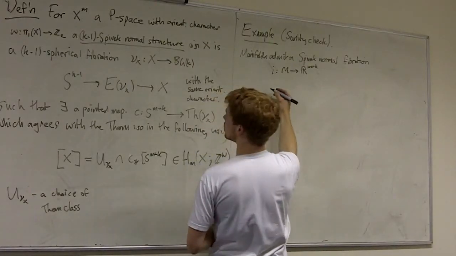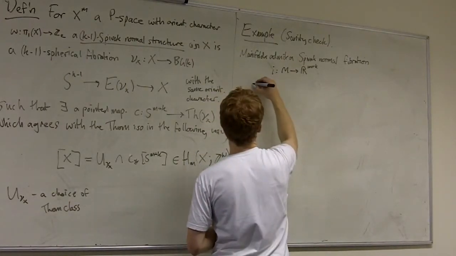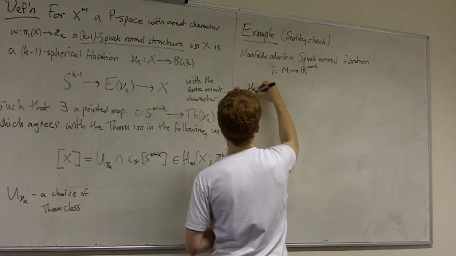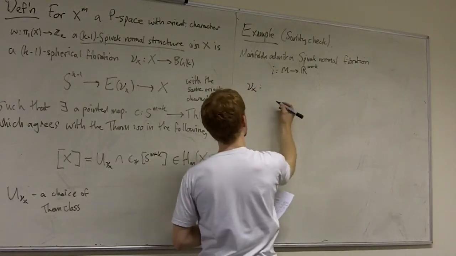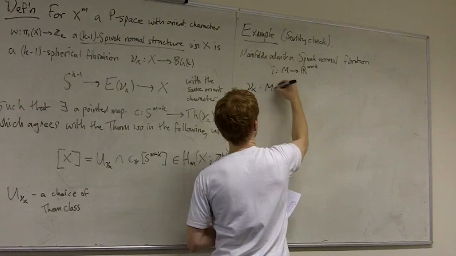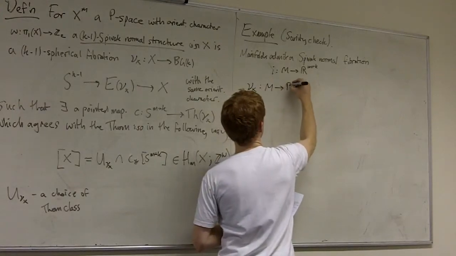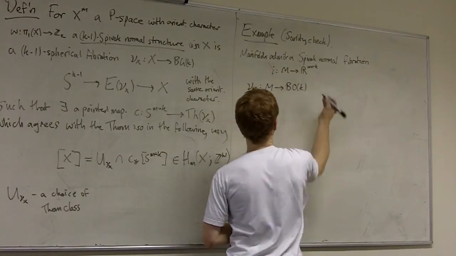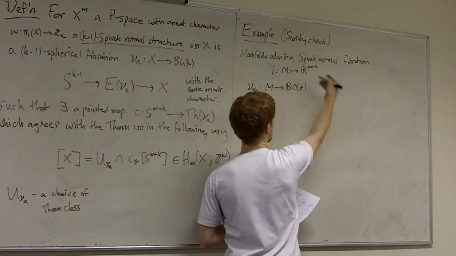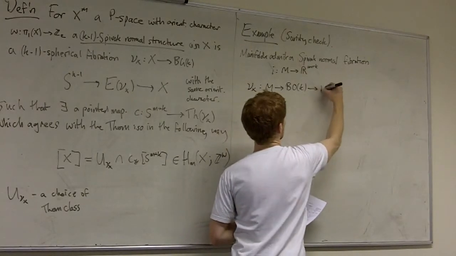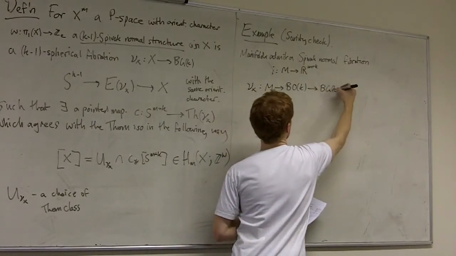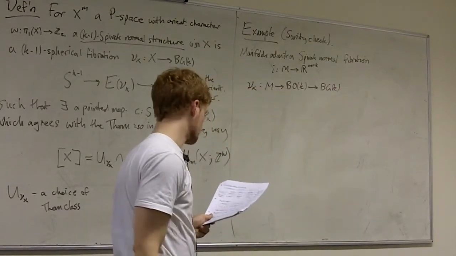Then we're going to take the spherical fibration to be, so we're going to go from the manifold to the normal bundle associated to this, and then we're just going to include that in here. So that's saying just take the sphere bundle.